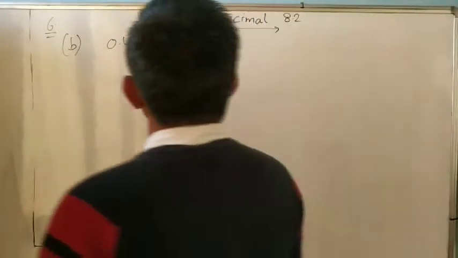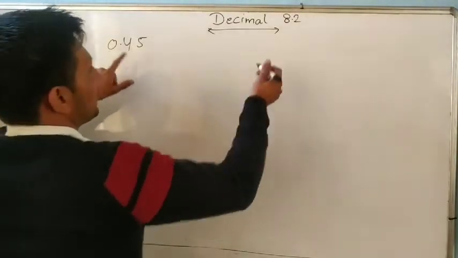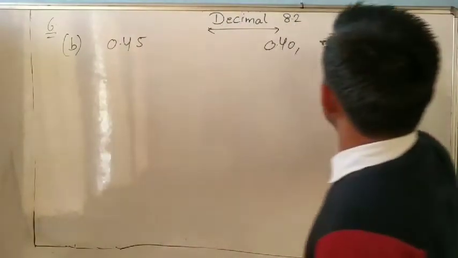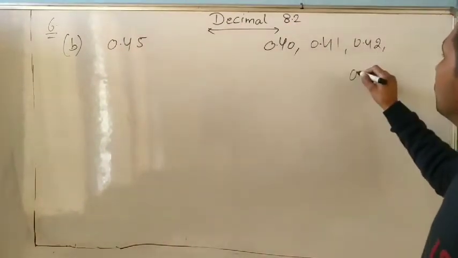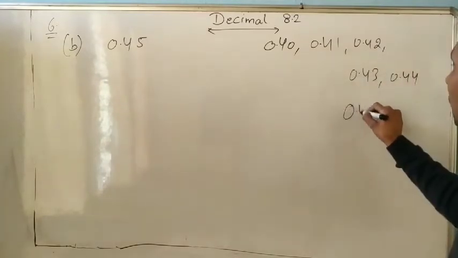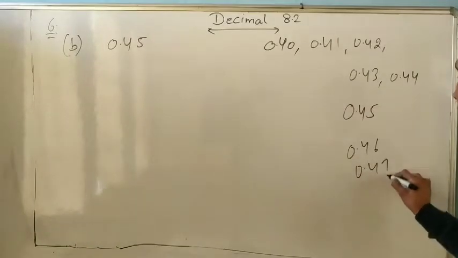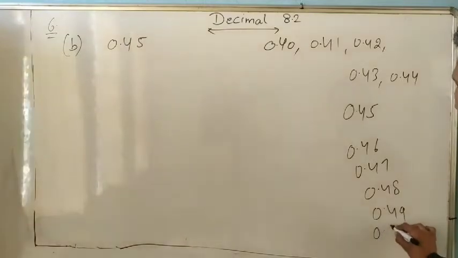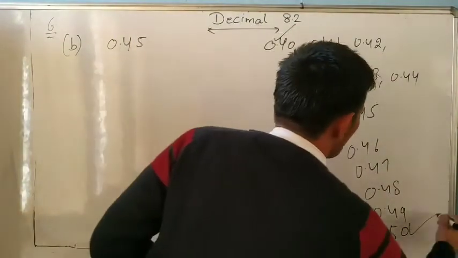So tell me, before 0.05 what comes? 0.01, 0.02, 0.03, 0.04. Next is 0.05, 0.06, 0.07, 0.08, 0.09.